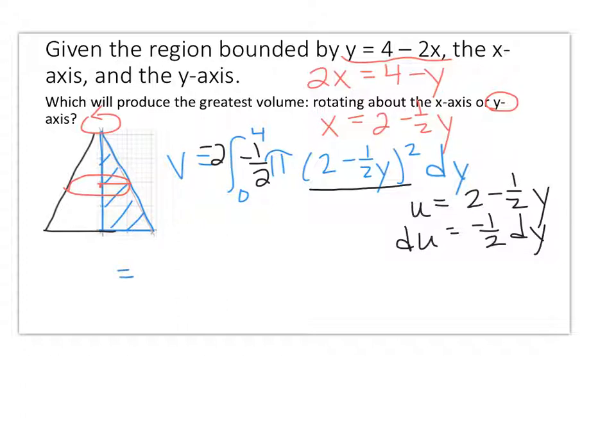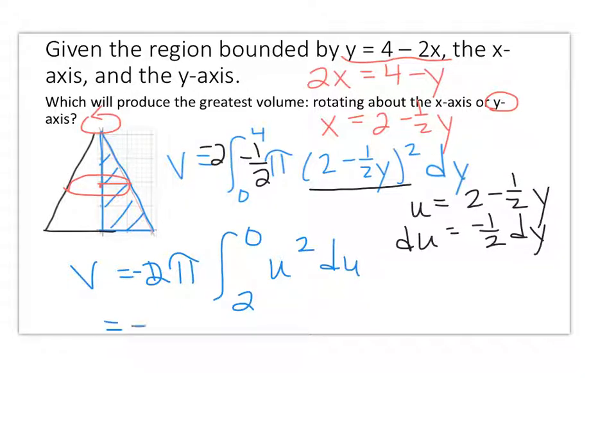So now I'm going to rewrite this as my volume equals negative 2, I'm going to bring out my pi, the integral, and I'm changing my bounds, 2 minus 1/2 times 0 is 2. 2 minus 1/2 times 4, 1/2 of 4 is 2, 2 minus 2 is 0, of u squared du.